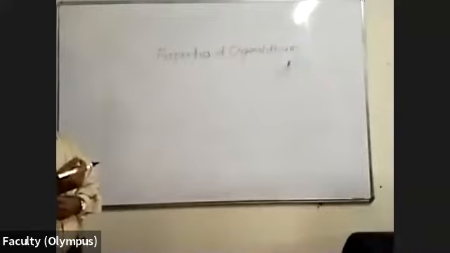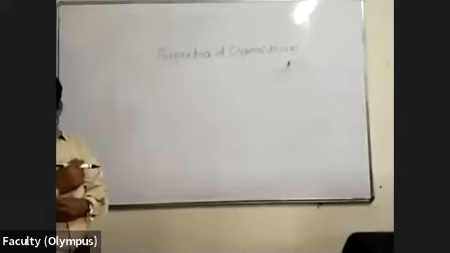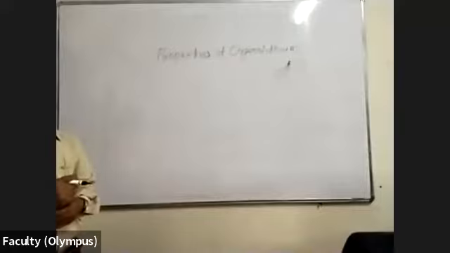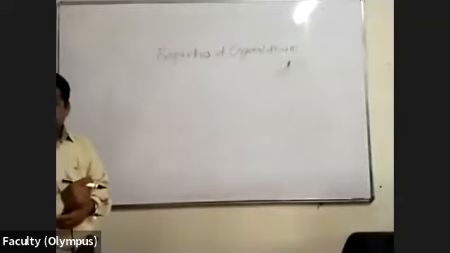Yes, sir. Okay. Now we have to see properties of organolithium compounds, physical as well as chemical properties. These organolithium compounds or the lithium alkyls are solids with low boiling points.